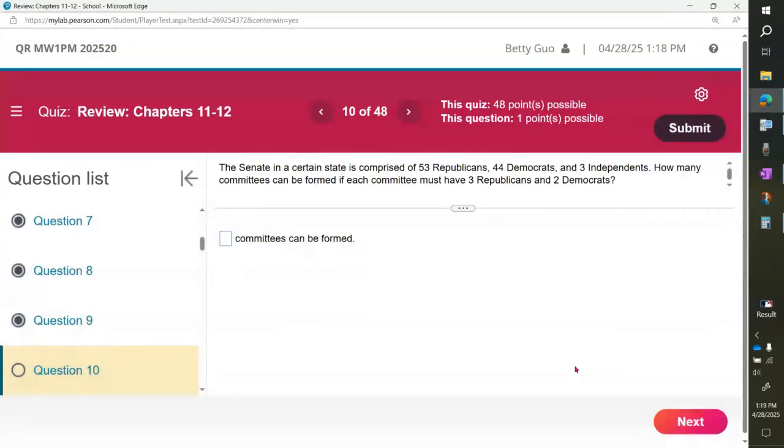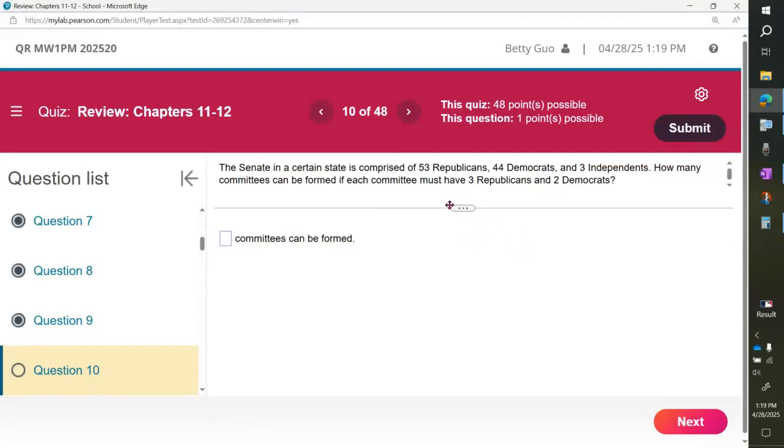Question number 10. The Senate in a certain state is comprised of 53 Republicans, 44 Democrats, and 3 independents. How many committees can be formed if each committee must have 3 Republicans and 2 Democrats? Isn't this problem the same as the previous problem?